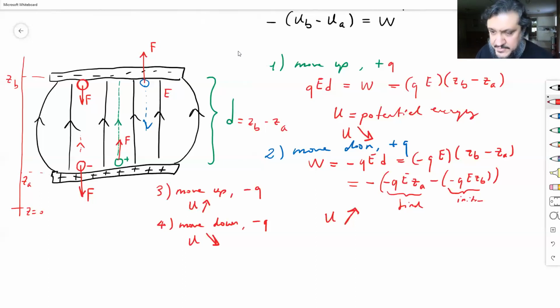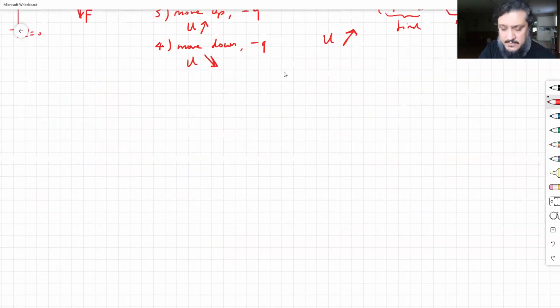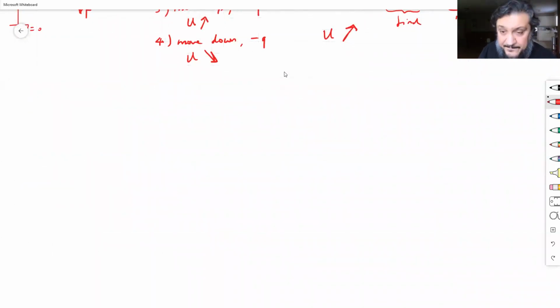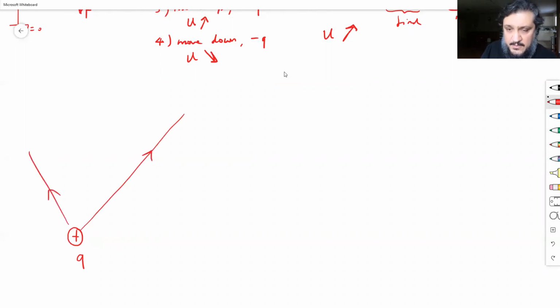Now let's apply it to an even simpler case, like two point charges. Let me scroll this downward. Let's take a point charge here, point charge Q. I know that it's going to create an electric field which is radially outward in all directions. But now I have a second charge, let's call it Q prime, and let it also be a positive charge.